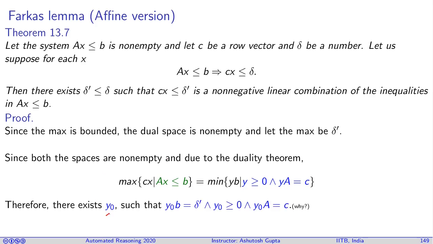Therefore, there exists a y0 such that y0 b equals delta prime, y0 is greater than or equal to 0, and y0 A equals c. Because such a y0 exists, we can say that cx less than or equal to delta prime is a non-negative linear combination of Ax less than or equal to b.